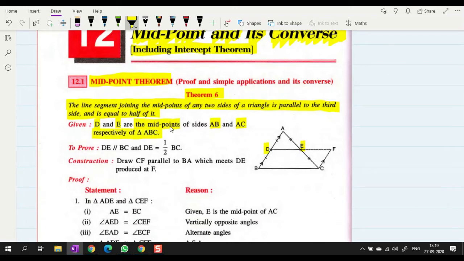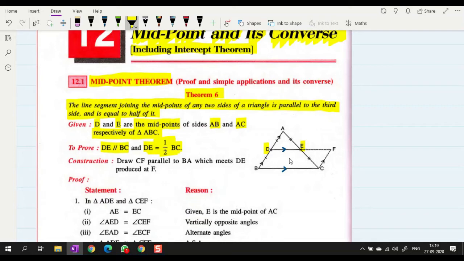We have to prove that the line joining these two midpoints, that is DE, is parallel to the third side. Two sides of the triangle are AB and AC, so the third side would be BC. So DE is parallel to BC. That is the first thing we have to prove. And the second thing we have to prove is DE is half of BC.